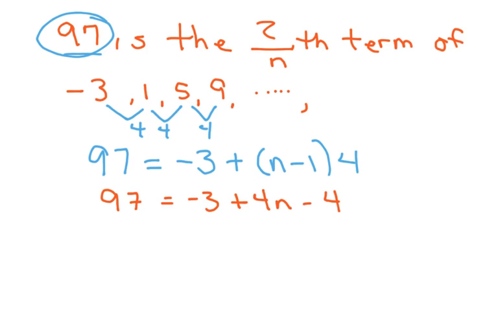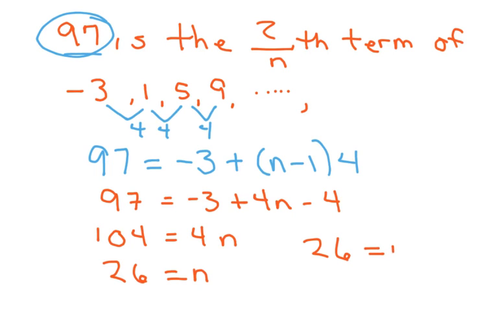So I'm going to add 7 to both sides, and I get 104 equals 4n. And so we're looking for n, you divide by 4, and 4 goes into this 26 times, so 26 equals n. That's your nth term.